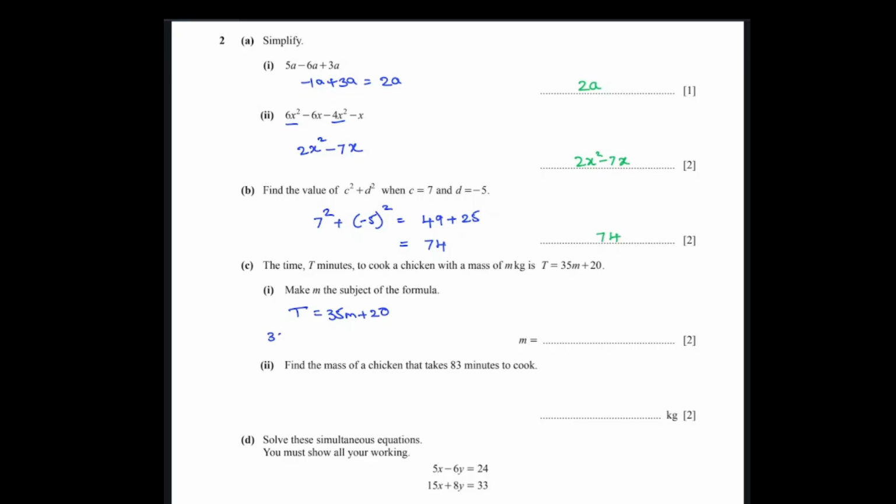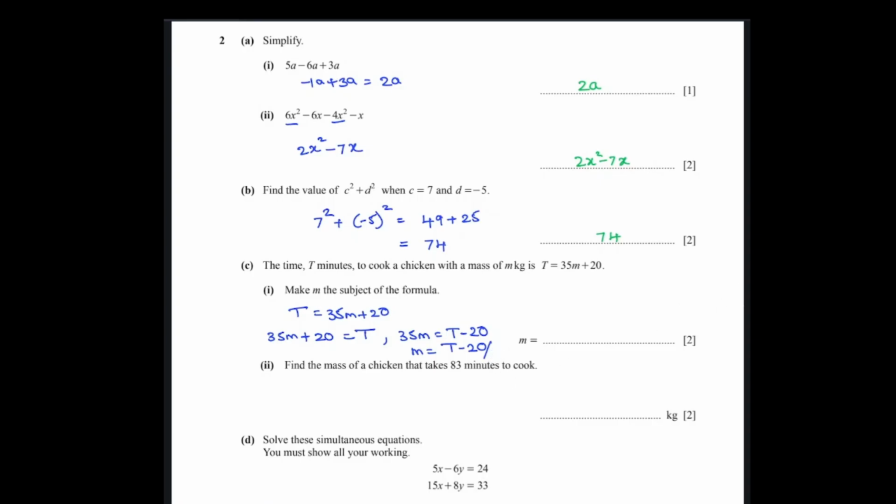Then flip the equation so that you can make m the subject. Keeping the m term, bring 20 to the right hand side, you will get T minus 20. Then keeping m here, bring 35 to the right hand side.